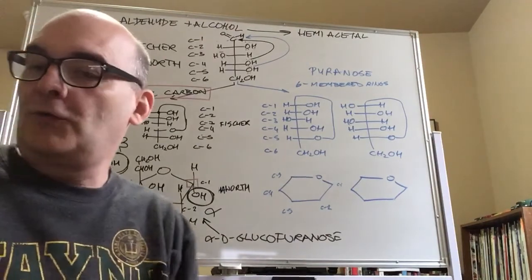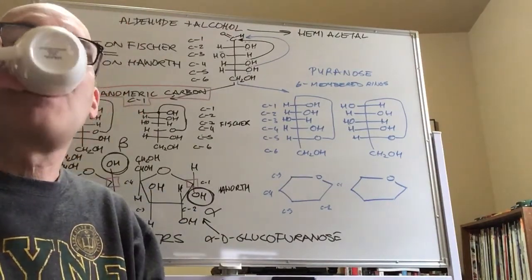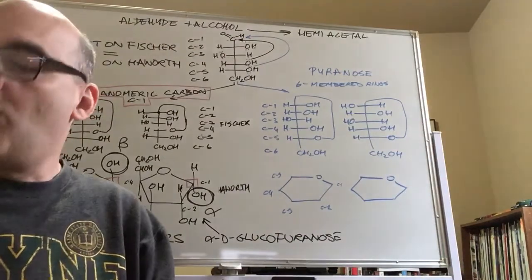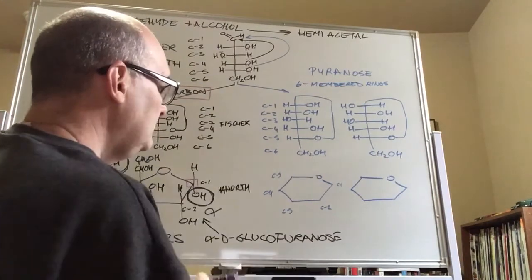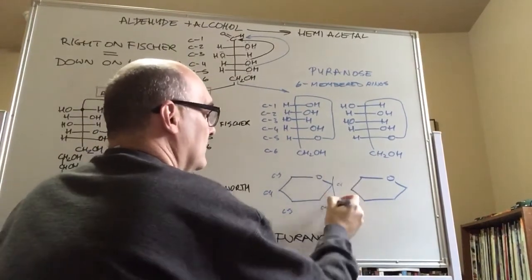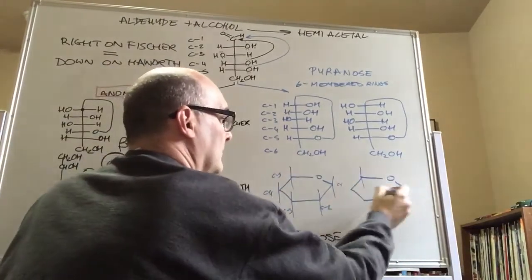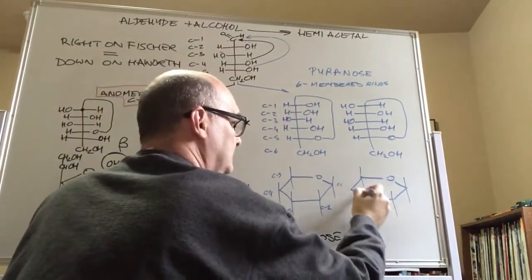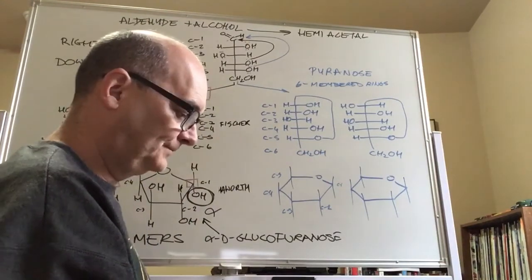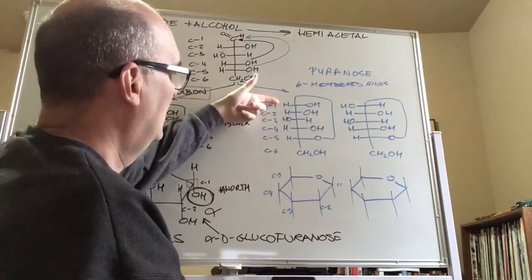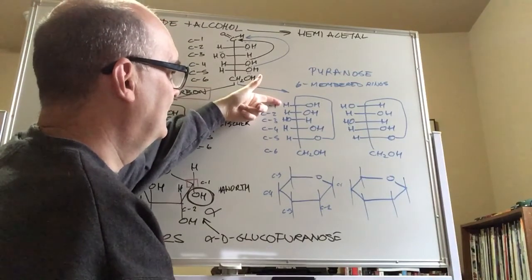Okay, let's do that for the 6-membered rings. Same rules. Every carbon gets a group that points up and a group that points down. Let's look at the one here on the left.